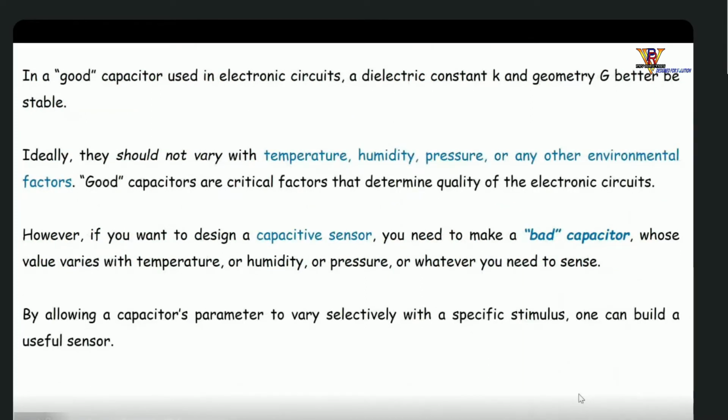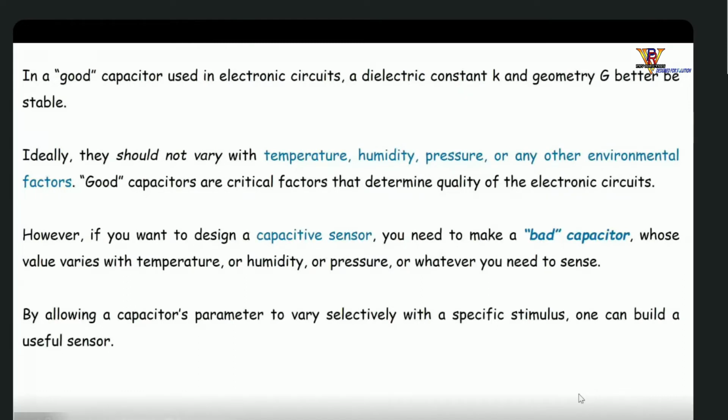Now, in a good capacitor used in electronic circuits, the dielectric constant K and geometry G had better be stable. What is desired for a capacitor to be used in electronic circuits? The geometry, meaning the ratio A by D or the logarithm of B by A inverse, and the epsilon or the K, should be stable, meaning they should not depend on frequency or temperature.